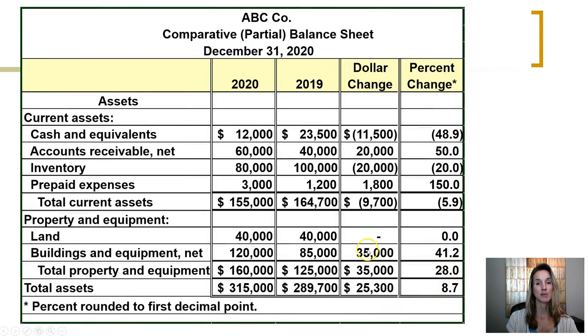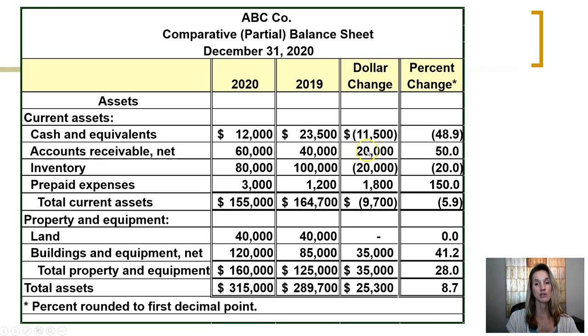Horizontal analysis applies this across years, across each line of the balance sheet. Accounts receivable, we had a change of $20,000. $40,000 increased to $60,000, a $20,000 change.